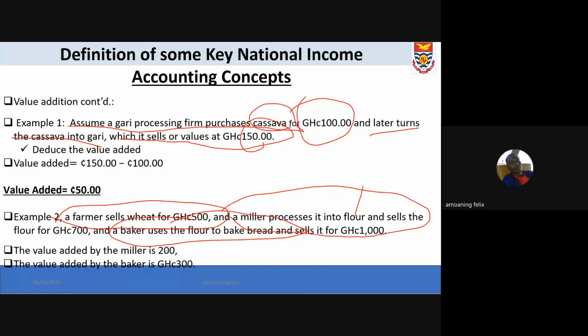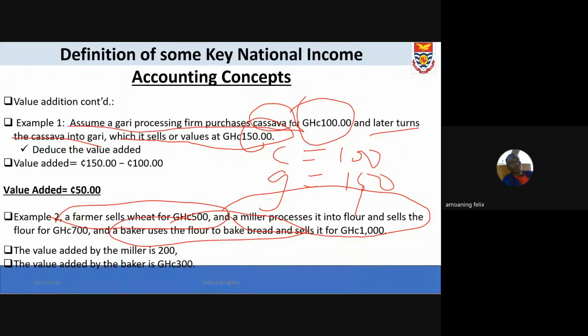So the wealth of the cassava now is 100 Ghana cedis, so we say C is equal to 100 Ghana cedis. And then the firm turned the cassava into Gari, and the wealth of the Gari, which is G, is equal to, let's say, 150 Ghana cedis.